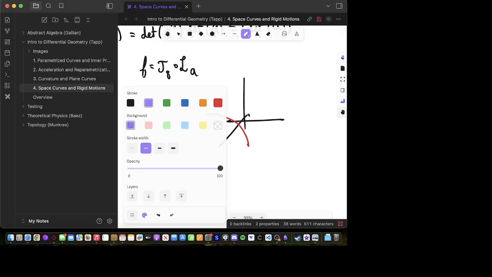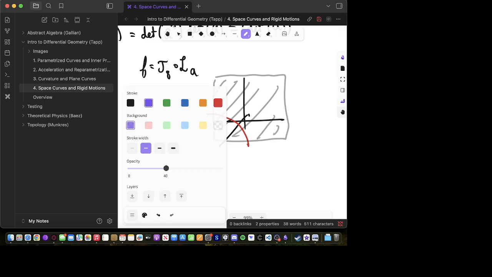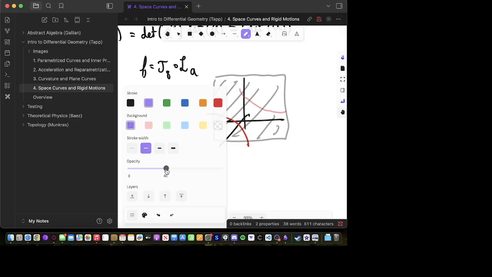What if we have reflection? Let's try. Can I lower it? Okay, that looks pretty cool.